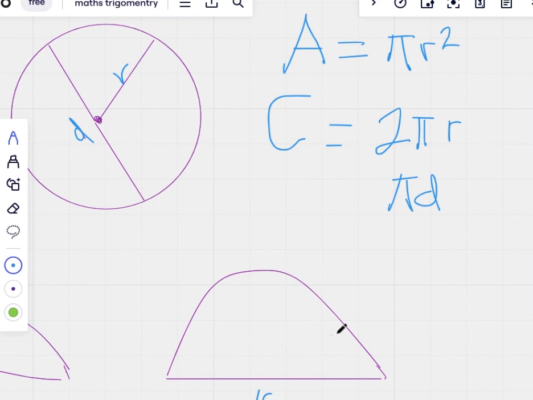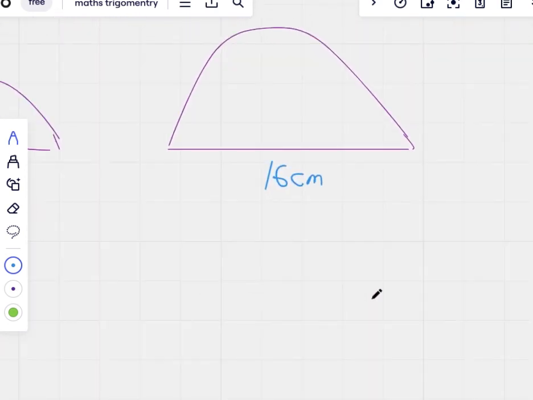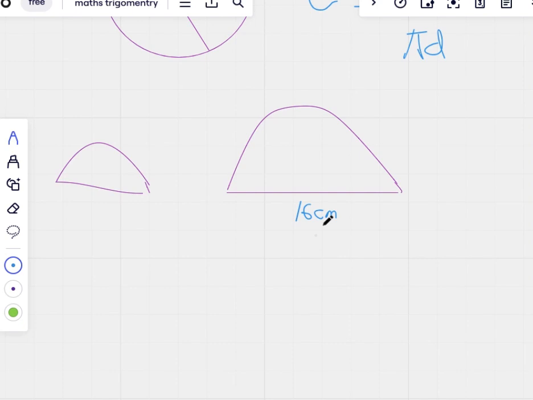Now we want to find the perimeter and the area of this. To find the radius, this is the diameter, so radius is equal to diameter divided by 2, which gives us 16 divided by 2, which gives us 8 centimeter. So the radius is 8 centimeter.